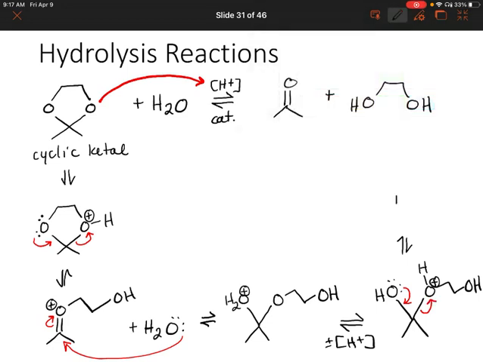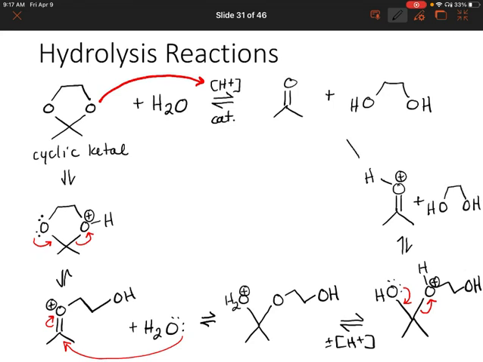So now we have our double bond again to oxygen, although we still have a hydrogen bonded to that, plus that ethylene glycol.